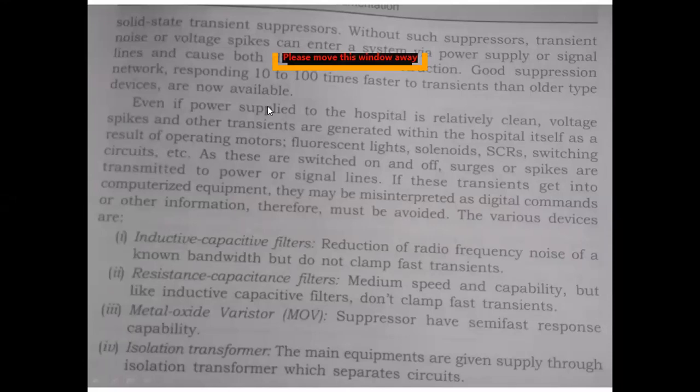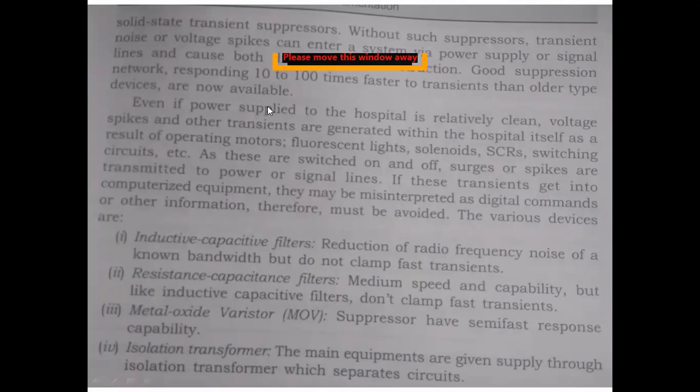So the wires should be separated. The heavy current flowing wires should run on one level or one side, and the small signal currents, maybe 230 volts signal lines and DC voltage lines, should run in separate lines. Suppose we are using a sensor in industry or some medical equipment.